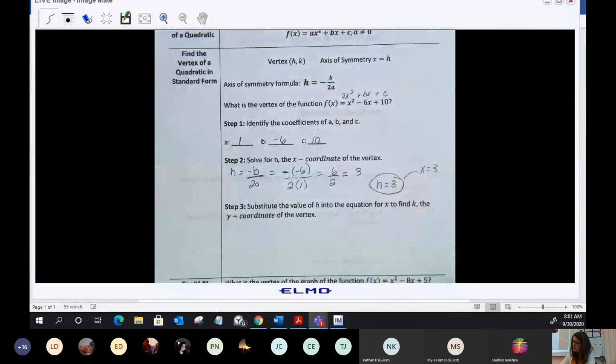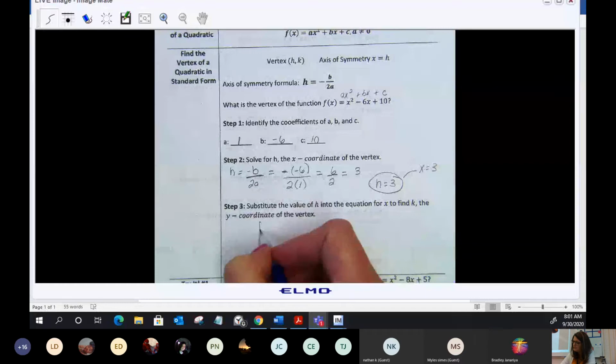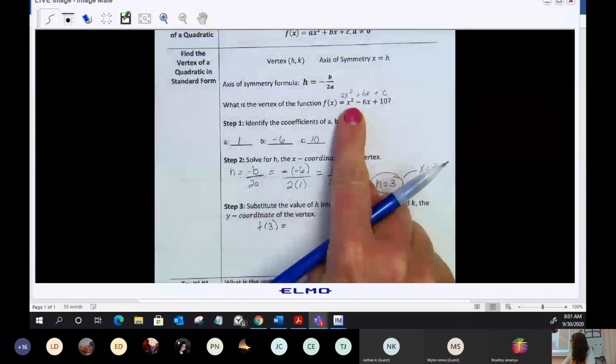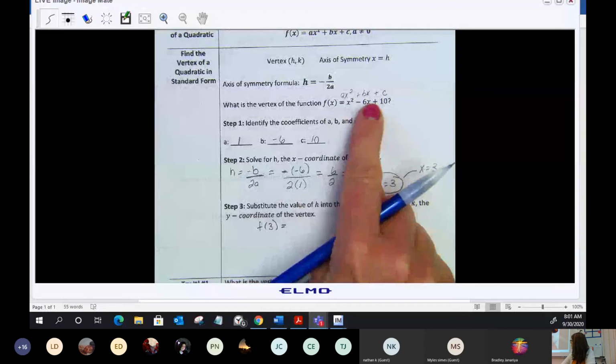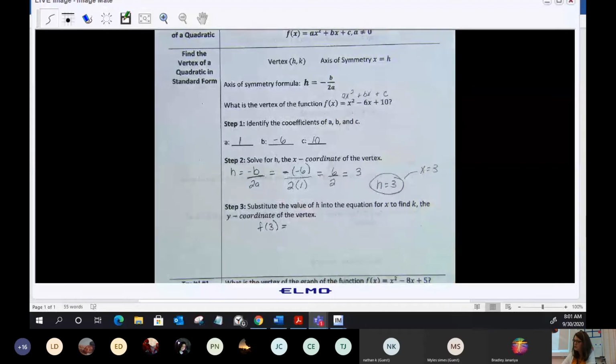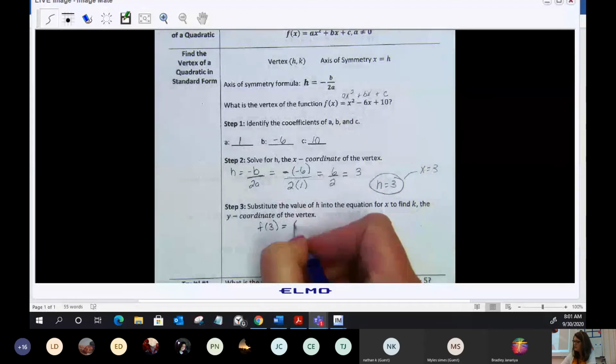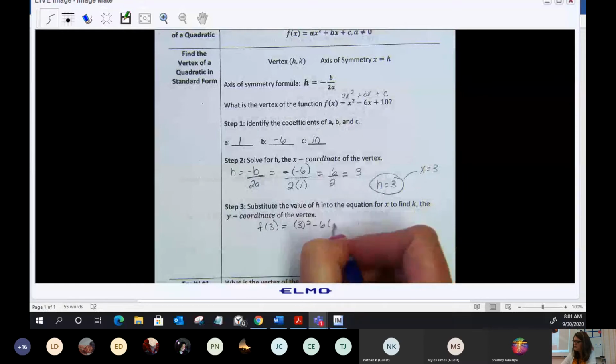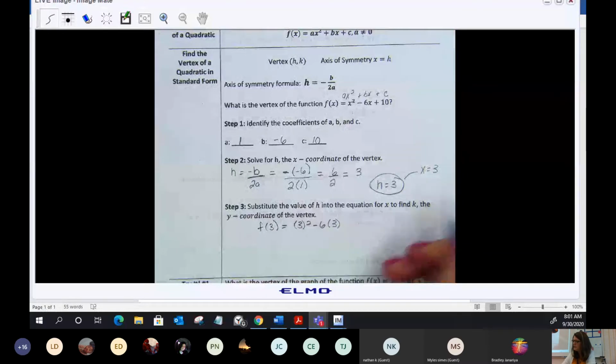So here we go. f of 3, and again, I'm going back up to my original, and wherever I see x, I'm putting in 3. So that would be 3 squared minus 6 times 3 plus 10.